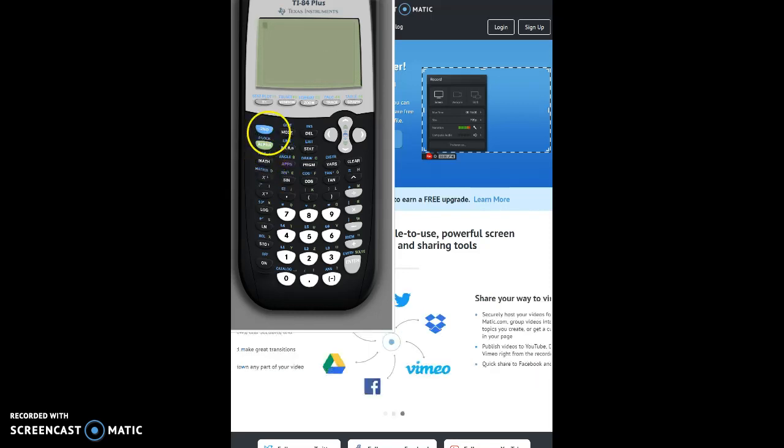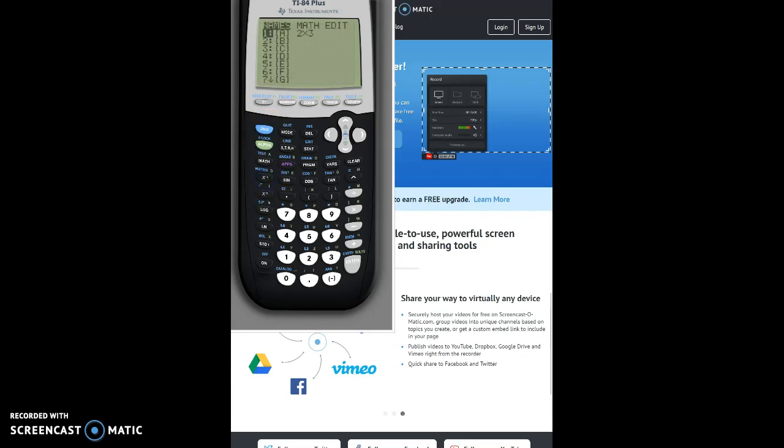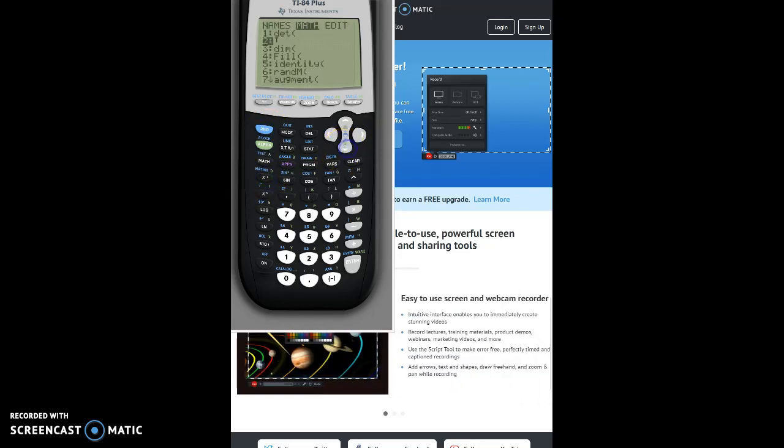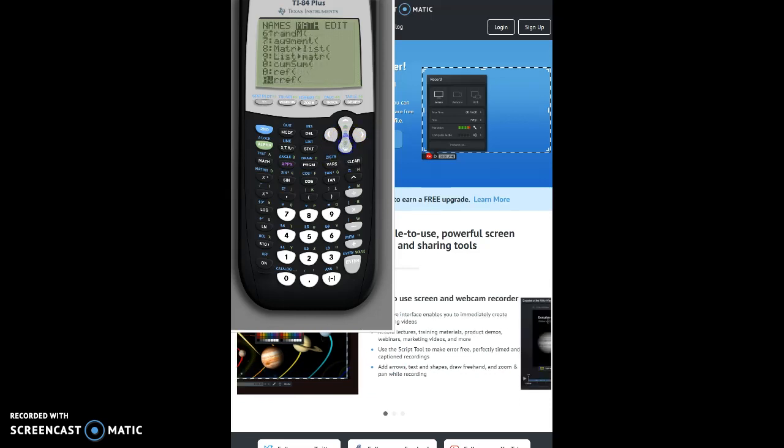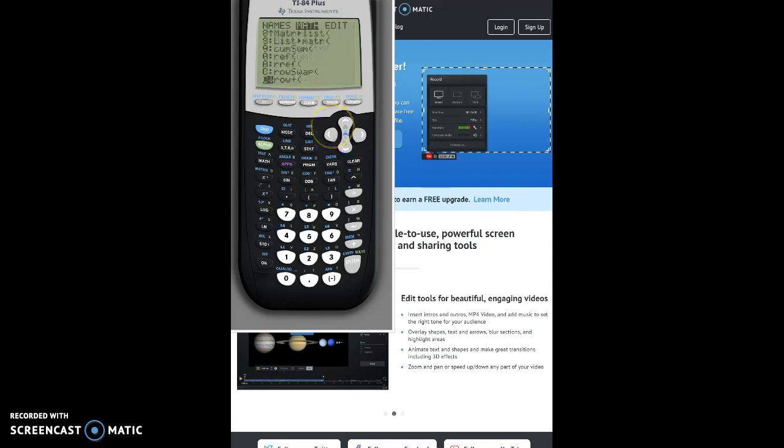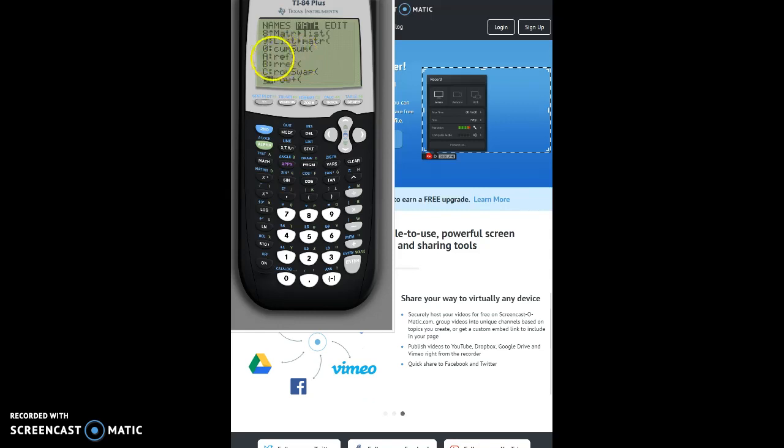I hit matrix again, so we go back in, and now we see math. And what I want you to notice is there's all these random things that we're not really going to get into. But as you go down further, you're going to see things that are important. We have the row echelon form. We have row reduced echelon form.